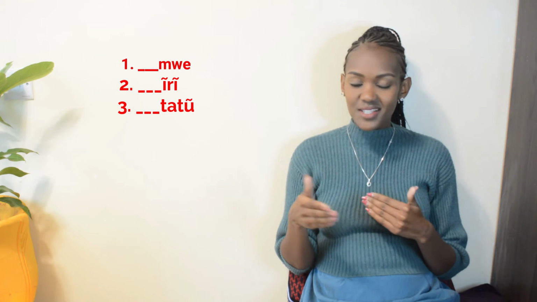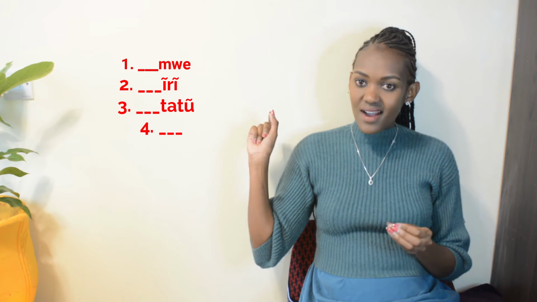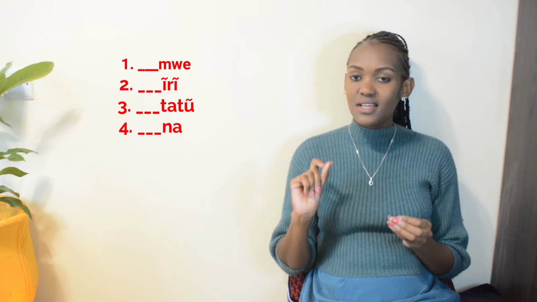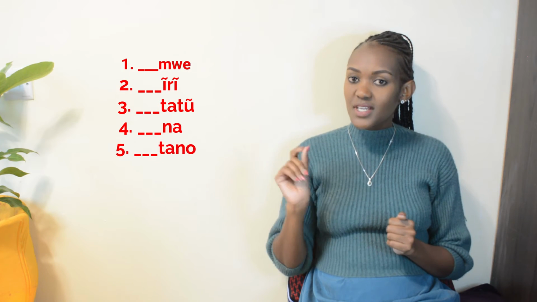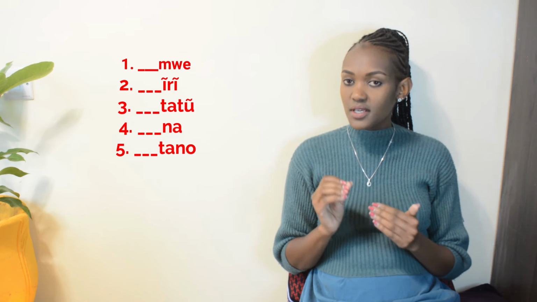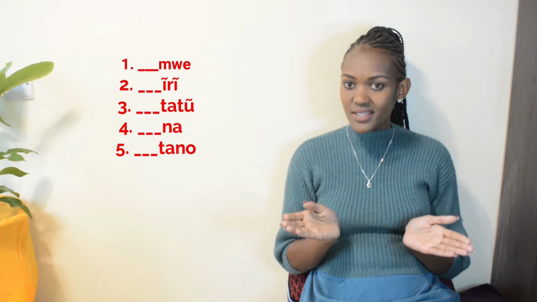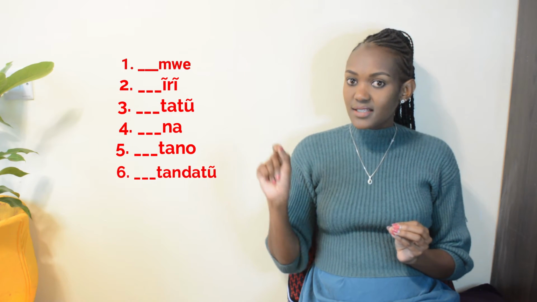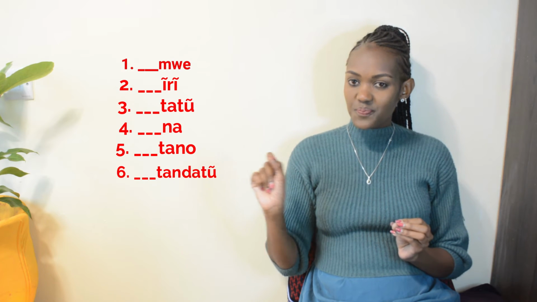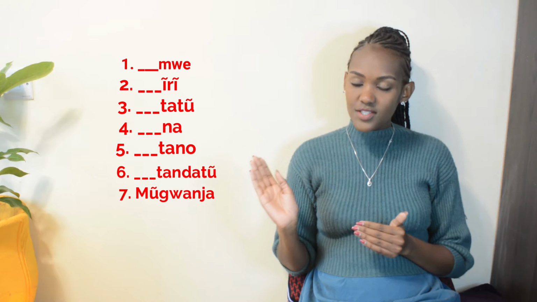And when people say tato, it's okay. The fourth one is na, with a dash at the front. The fifth one will be tano. Again we remove the H from dhano, so we say tano, just like Swahili. The sixth one we say tadato, with a dash at the beginning. Seven will be mugwaja.